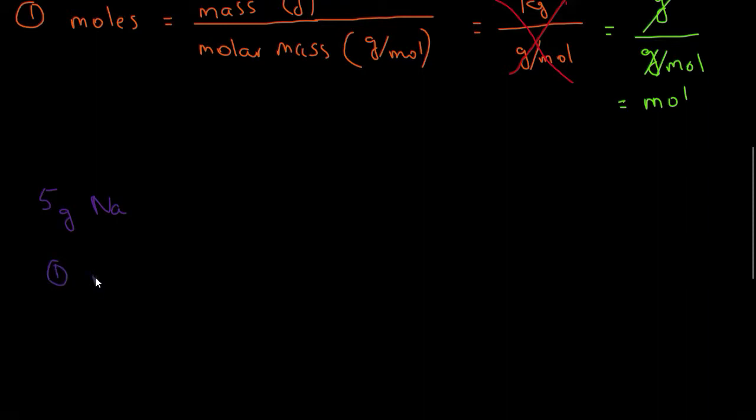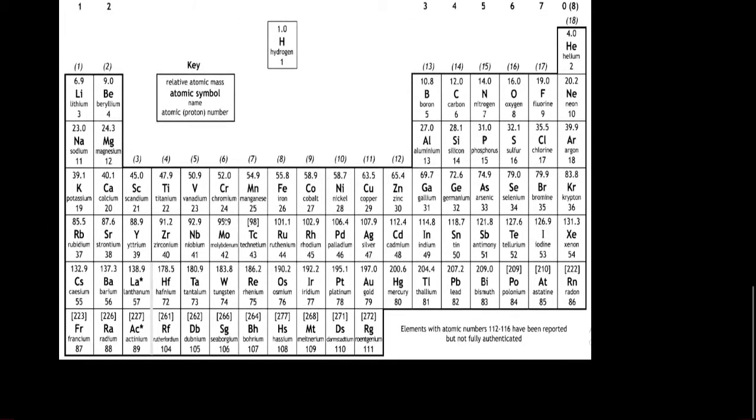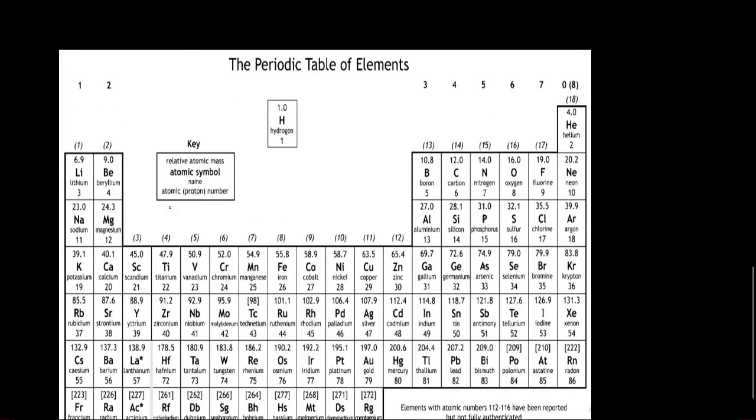So moles is equal to the mass, which is 5 grams. And then I'm going to go to the periodic table. So I have the periodic table down here. And in the periodic table, the number at the bottom is the atomic number, and the number at the top is the mass number, or the molar mass that we're talking about.